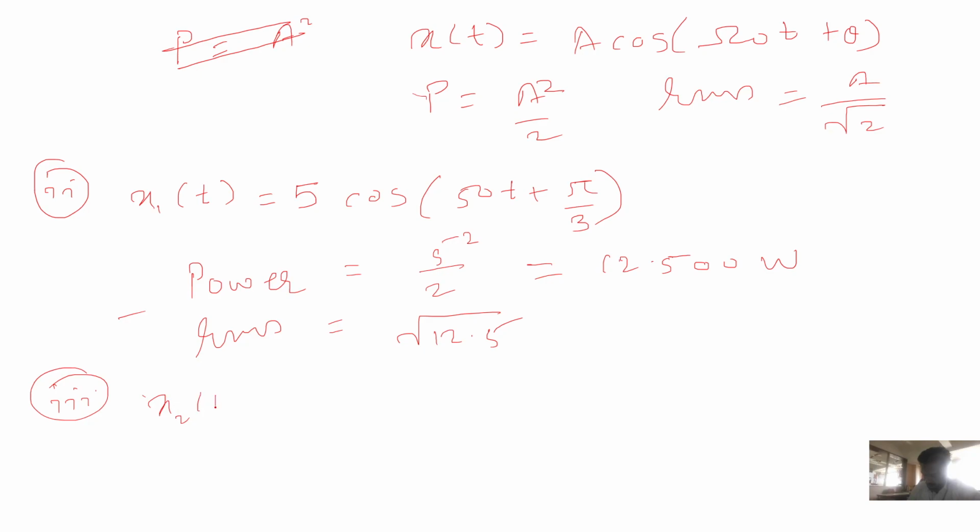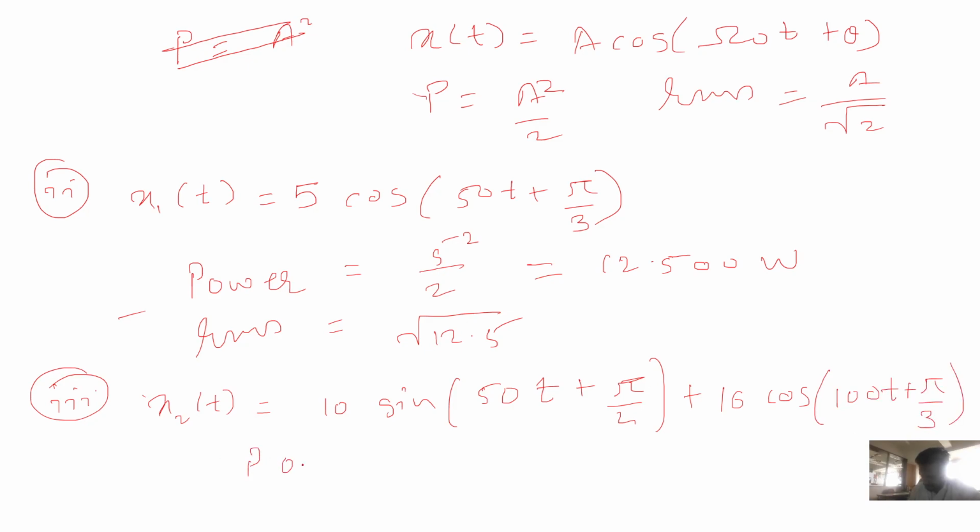A little bit difficult. I am going to put in this one: 10 sin(50t + pi/4) + 16 cos(100t + pi/3). What is going to be the power of this, and what is going to be the RMS of this?